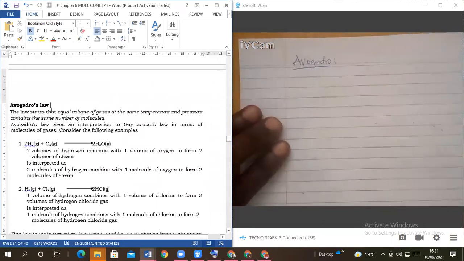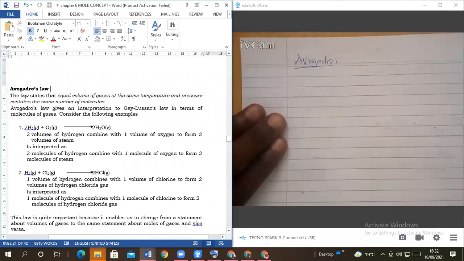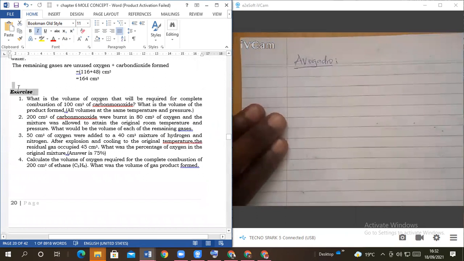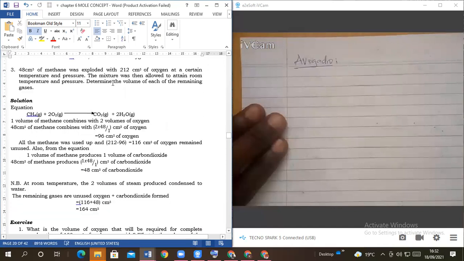So here they are saying, Avogadro, the law states equal volumes if you remove volumes from, yes? This exercise here, don't you see the exercise on the screen? Which exercise? This one under Gay-Lussac's law.